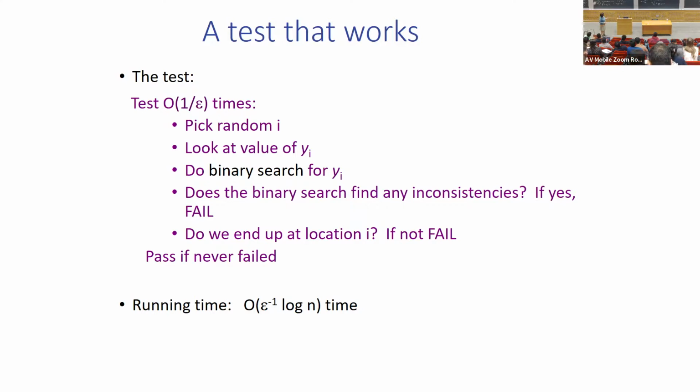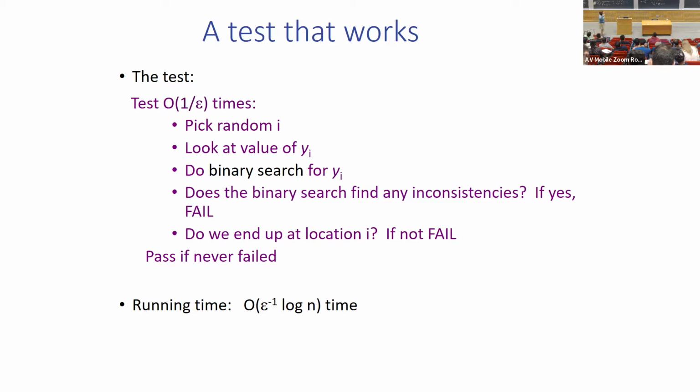While I do the binary search, I need to make sure that it was a legal binary search: when I went left, the numbers got smaller, and when I went right, the numbers got bigger. If I see an inconsistency in the list, the thing isn't sorted, reject.